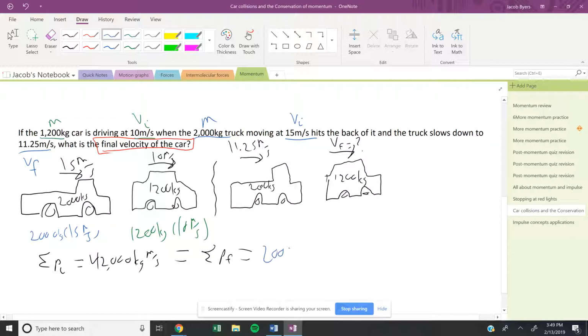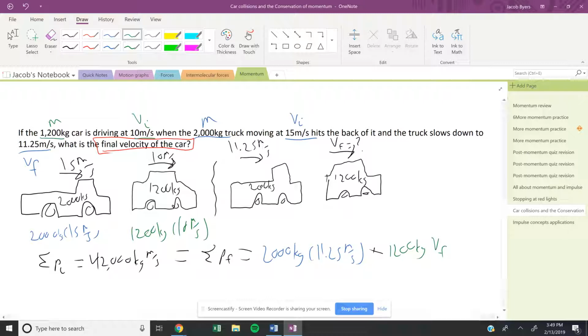So we've got, again, 2,000 kilograms times 11.25 meters per second, plus the 1,200 kilograms of our car times the final velocity of the car, which we're looking for. So 2,000 kilograms times 11.25 meters per second gives us a momentum of 22,500.